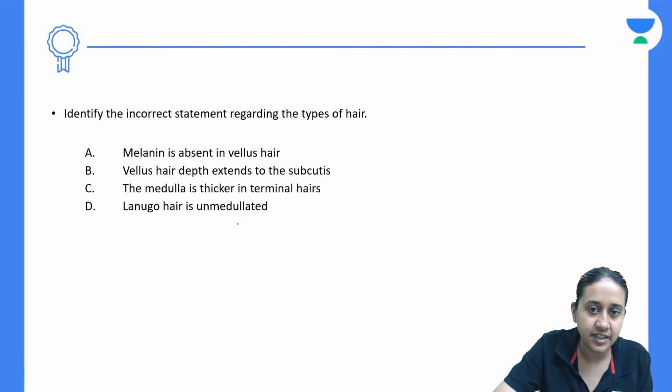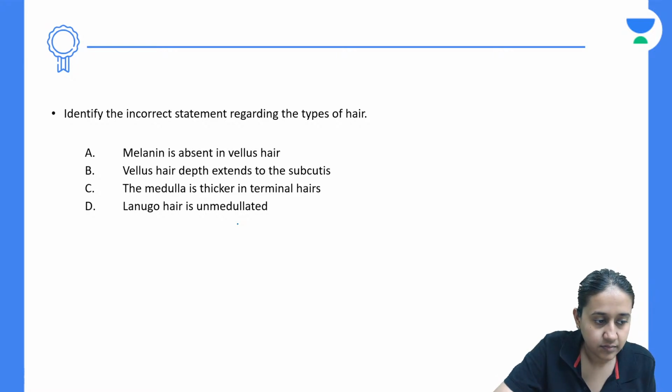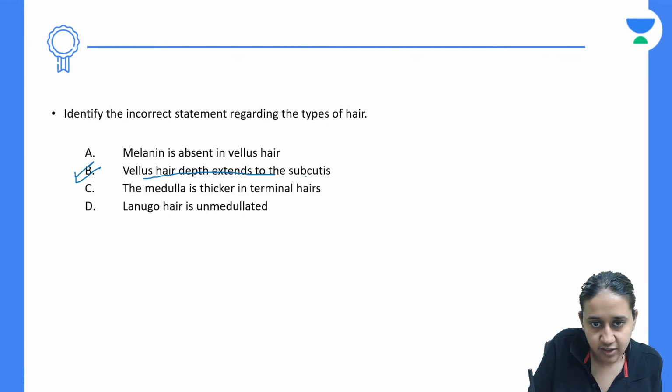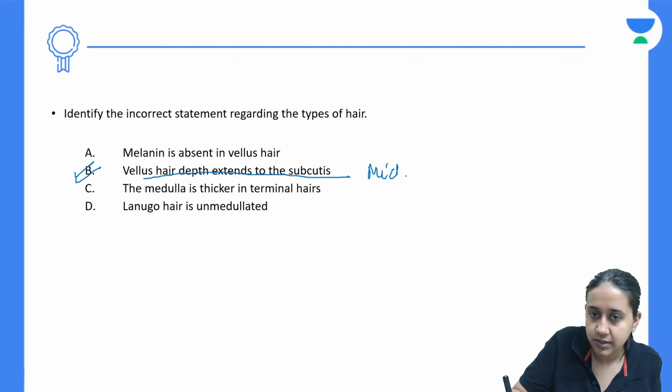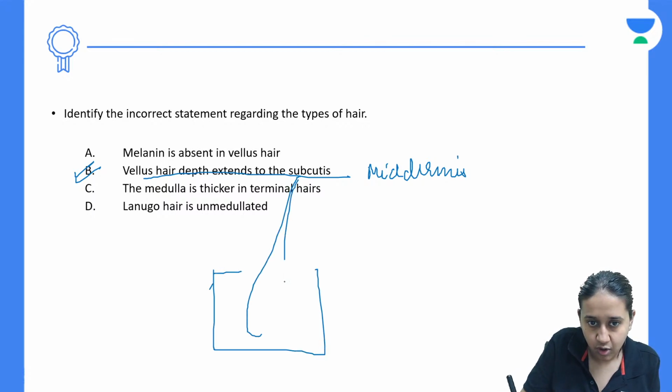Identify the incorrect statement regarding the type of hair. The answer is vellus hair never extends to subcutis. It remains in the mid-dermis. So the terminal hair are long hair and broad pigmented hairs.